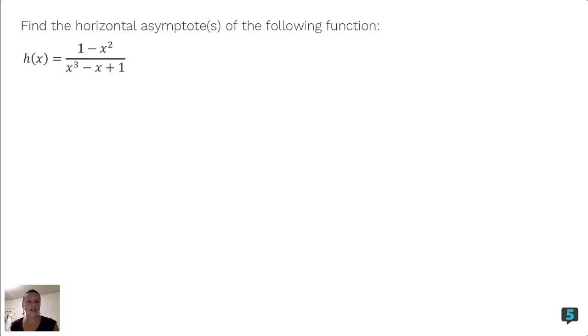All right, here's our next example. Same set of directions. We want to find the horizontal asymptotes, but this time we're going to have the function h of x equals 1 minus x squared all over x cubed minus x plus 1. Try to see if you can work this one out on your own, and let's compare answers. Take a couple of minutes and see what you get when you work this one out yourself.